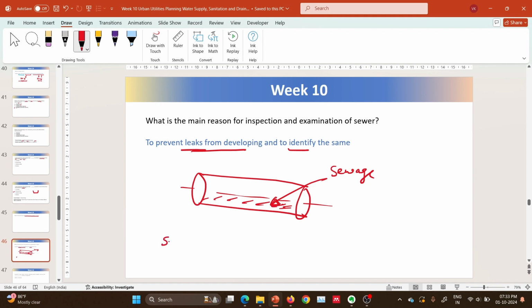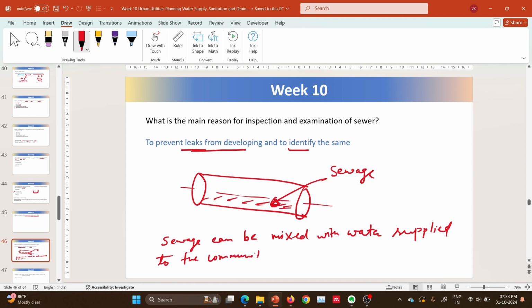So sewage can be mixed with water supplied to the community, which can cause diseases like typhoid, cholera, dysentery, so many.